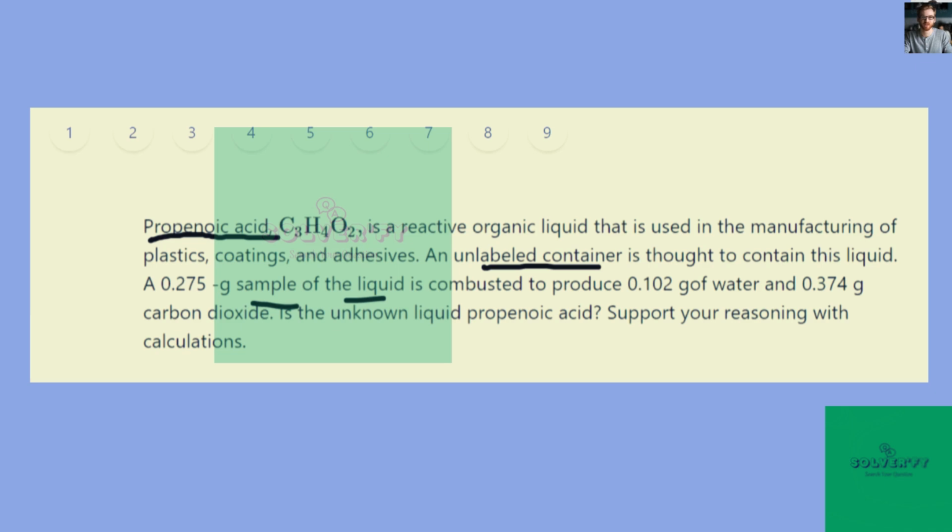We are given some data: when a certain mass of this liquid is combusted, it produces this much water and this much carbon dioxide. From this given data, we have to say whether this unknown liquid is propanoic acid or not.